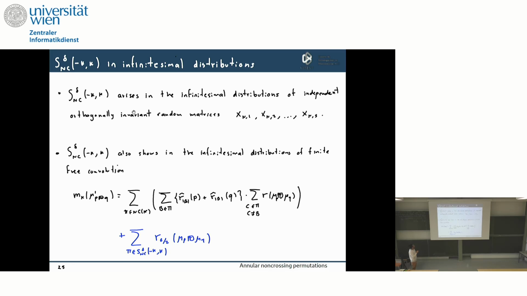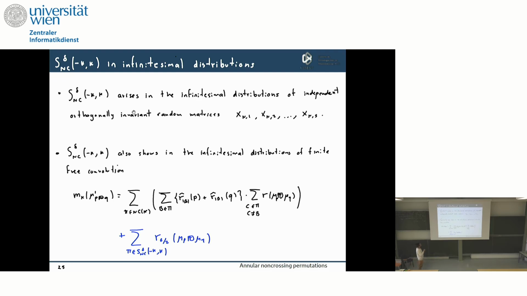Finally, where does this object appear? Well, it's going to appear in the infinitesimal distribution of matrices. This is a work in progress, not mine, but with Jamie and Guillaume Cébron. And this thing also appears in the infinitesimal distribution of finite free convolution.